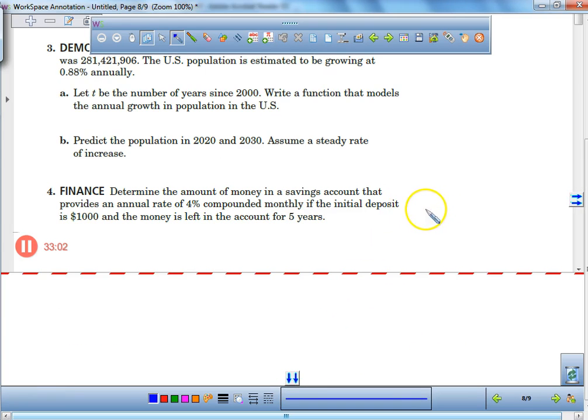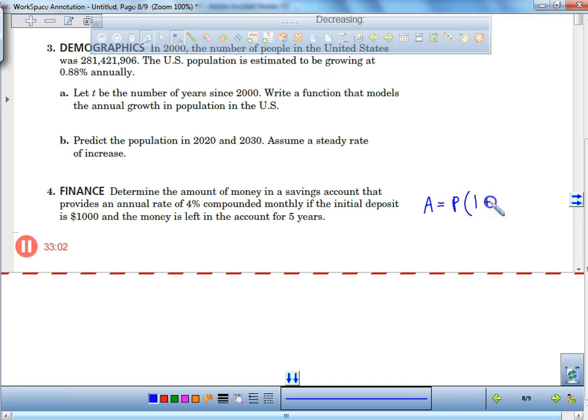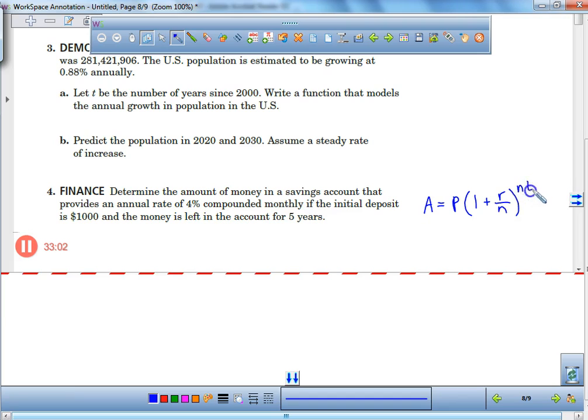Here's the formula you need to look for. Ready? A equals P times parentheses 1 plus r divided by n, to the power of nt.